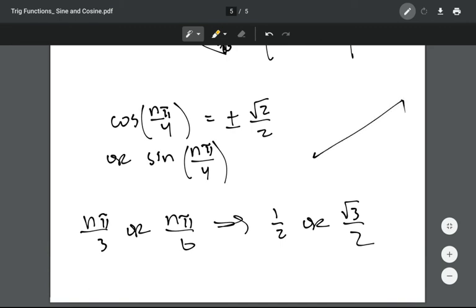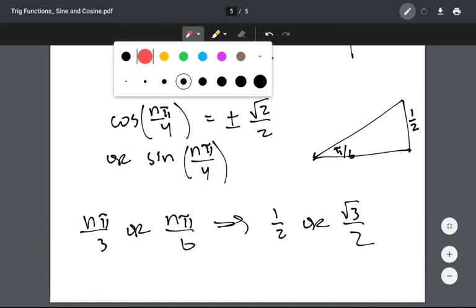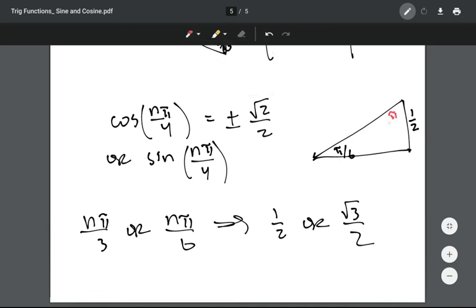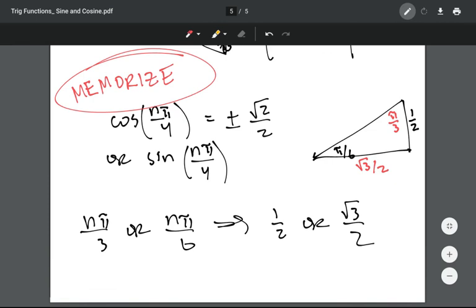So if you are opposite a smaller angle, which is a pi sixths, you have a smaller side. And if you are opposite a bigger angle, which is a pi thirds, you have a bigger side, which is going to be that radical 3 over 2. So memorize these. It's going to make your life so much easier in terms of everything that we've got to do in terms of these trig functions.